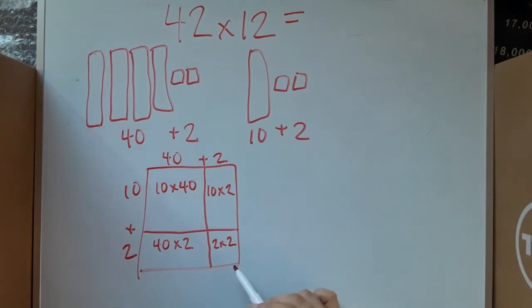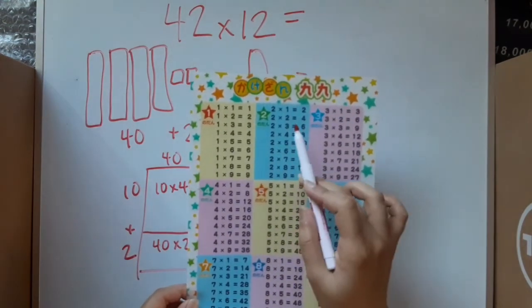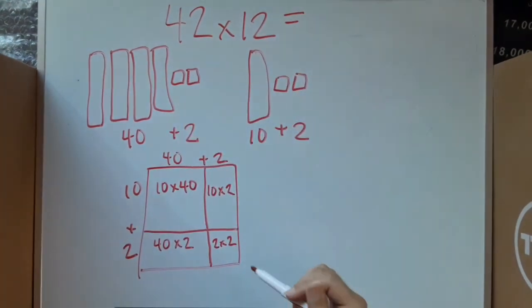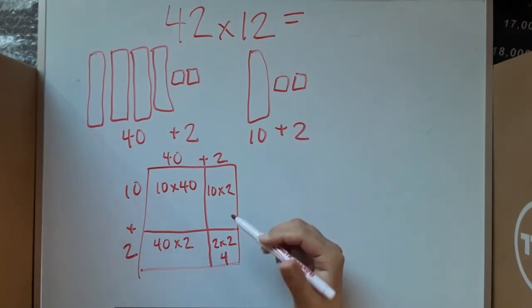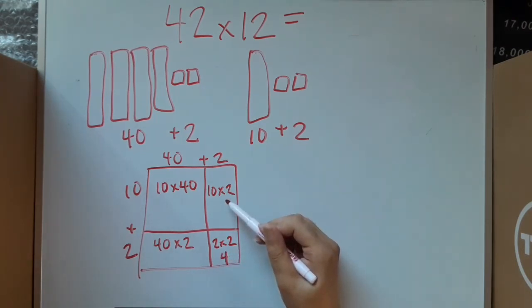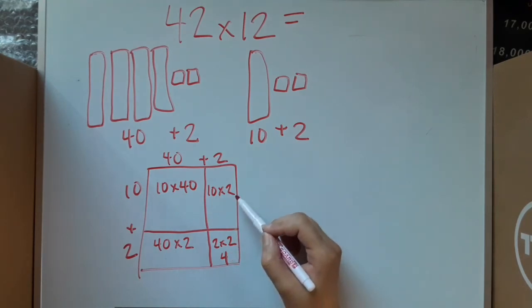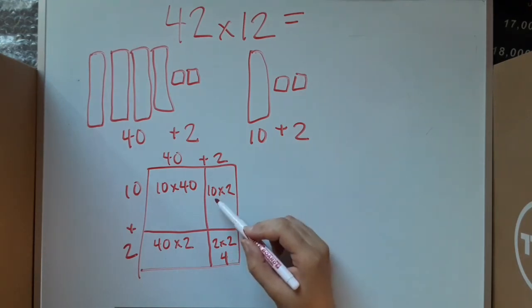Let's start at the smallest box. 2 times 2, we can see, equals 4. So this box is 4 in total. In this box, we have 10 times 2, or 2 sets of 10.